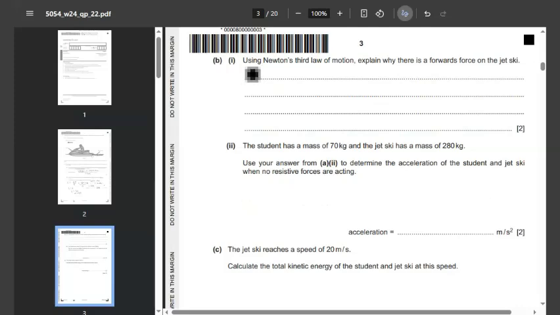Question B, Roman 1. Using Newton's third law of motion, explain why there is a forwards force on the jet ski. So what is Newton's third law of motion? Newton's third law of motion states that for every force, there is an equal and opposite force.